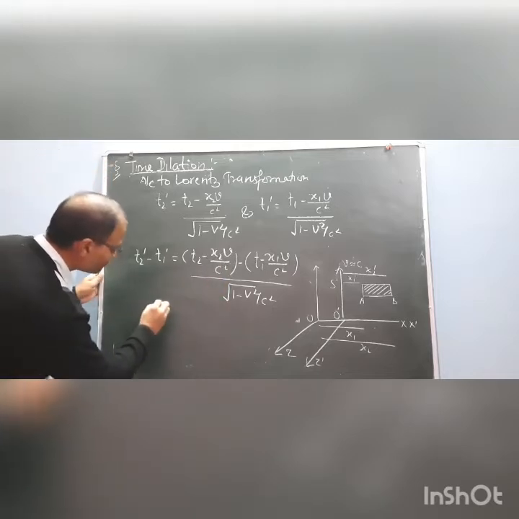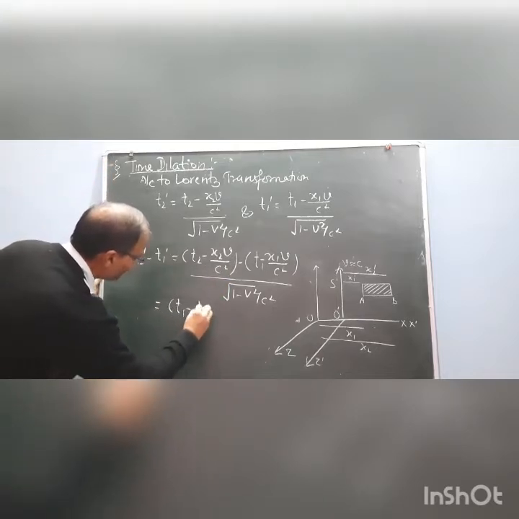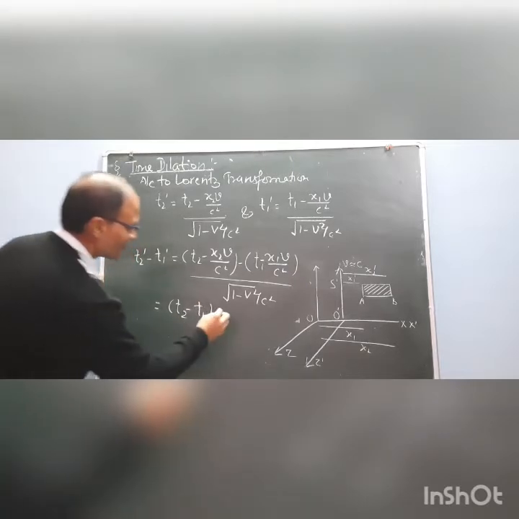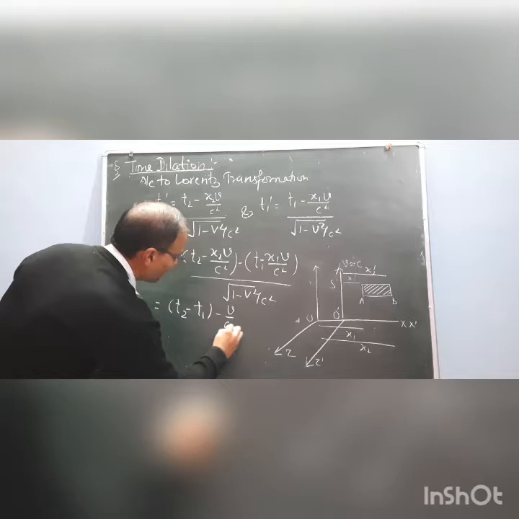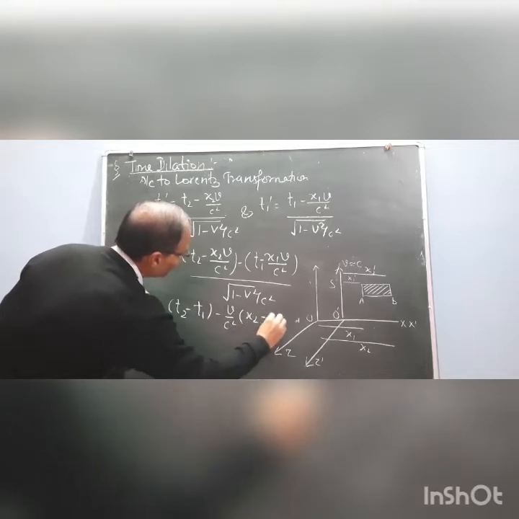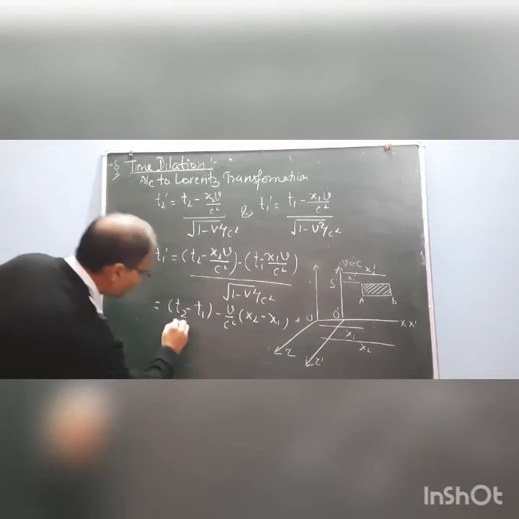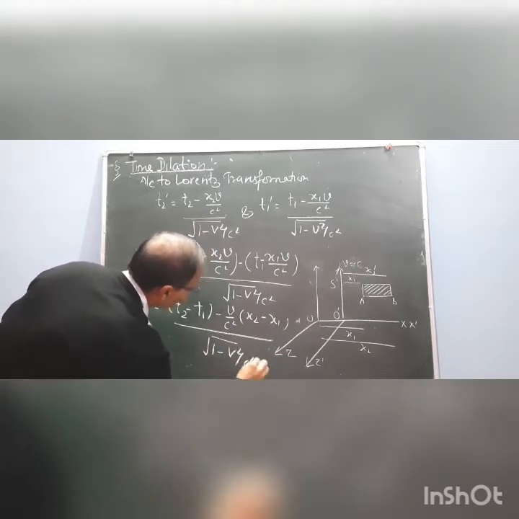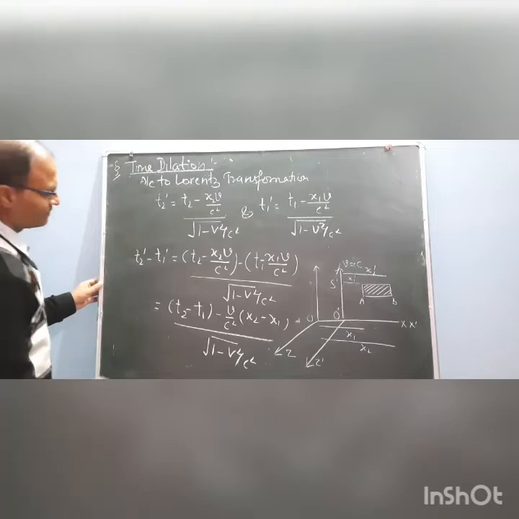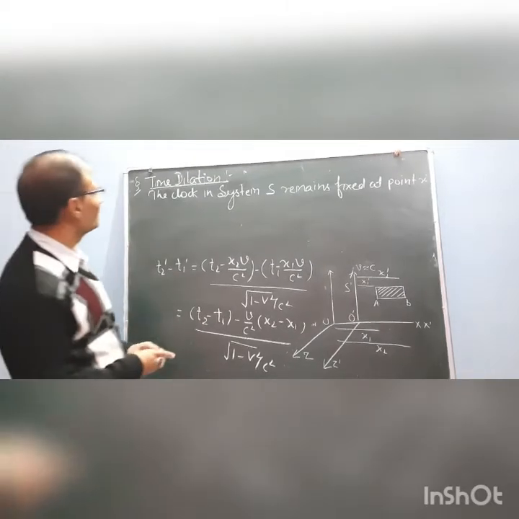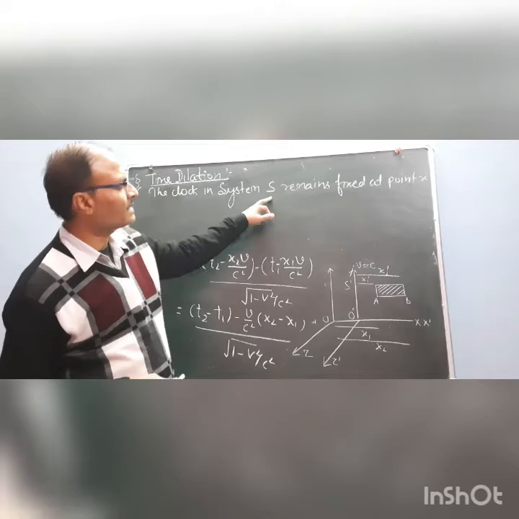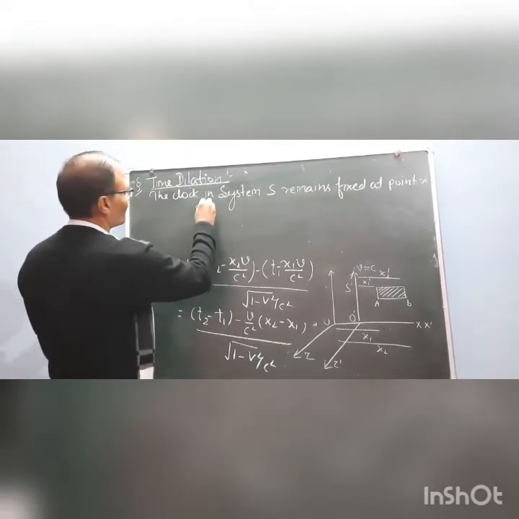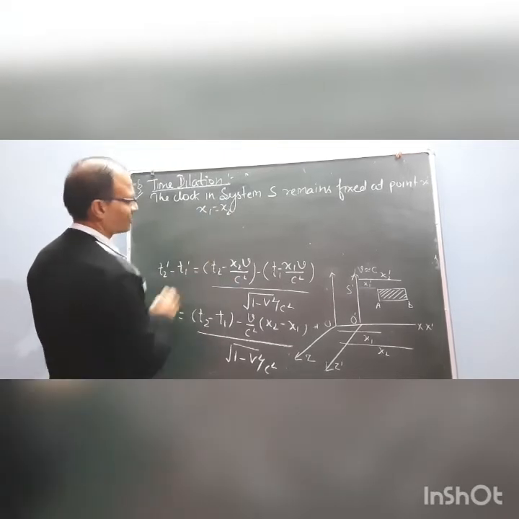Arrange the similar terms, then t2 minus t1 minus v upon c square times x2 minus x1, upon under root 1 minus v square upon c square. Now the clock in system S remains fixed at point x. Then x1 equal to x2.